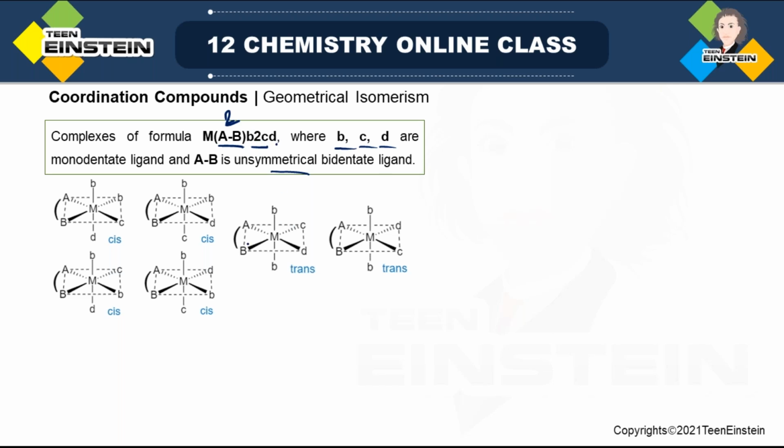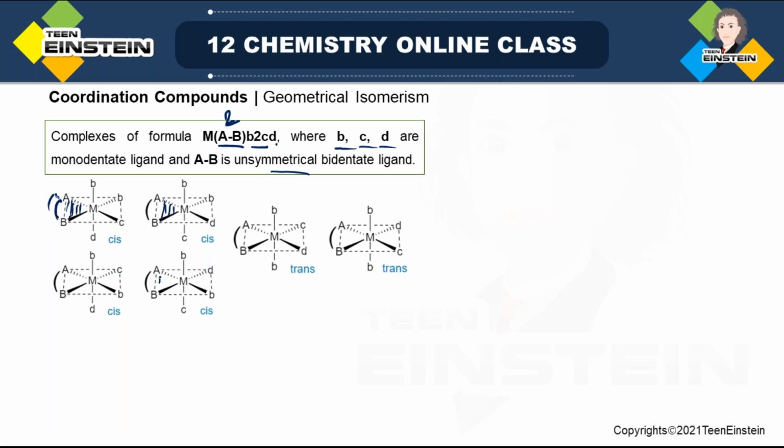So it is 6. Now here we can have a total of 4 types of cis. Now that AB will always take cis position, because the length between A and B is not so high that it can be arranged in a 180 degree arrangement. So it will always be cis. So this part is common.